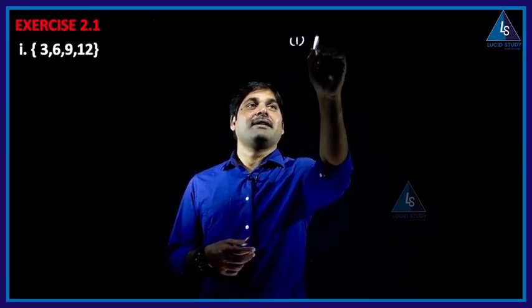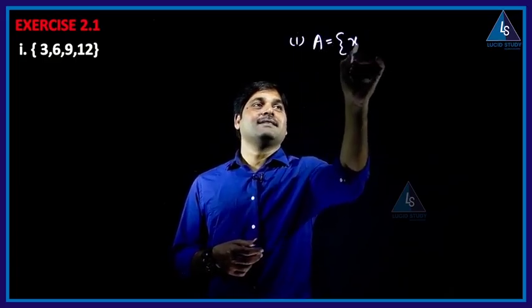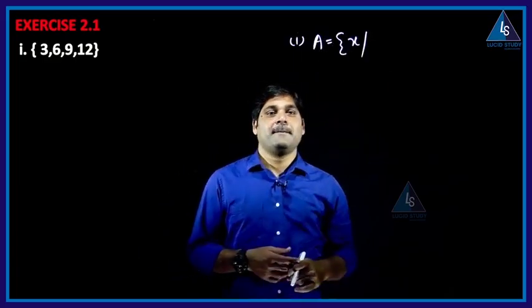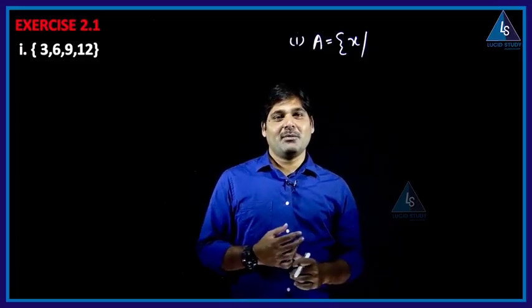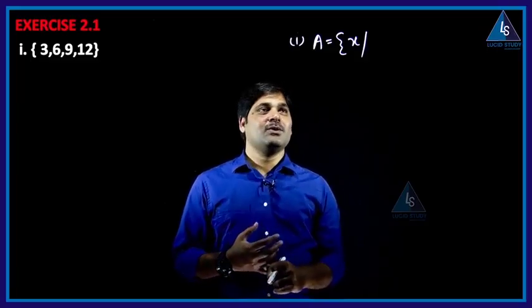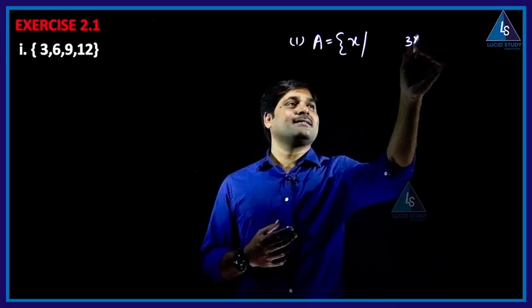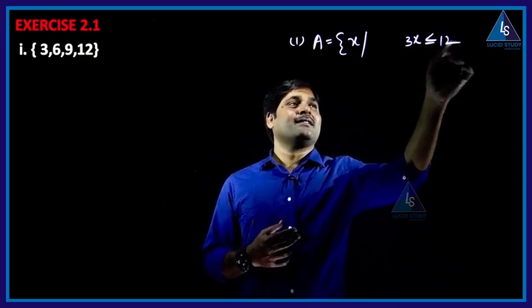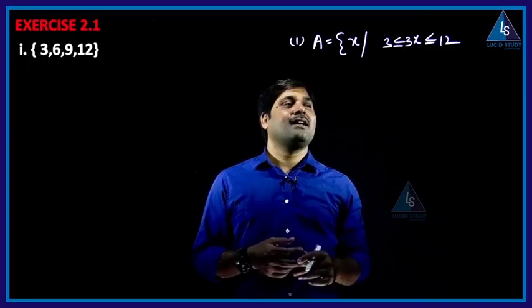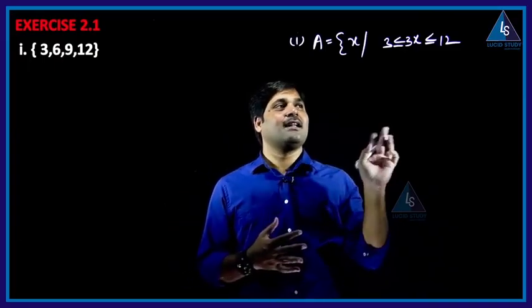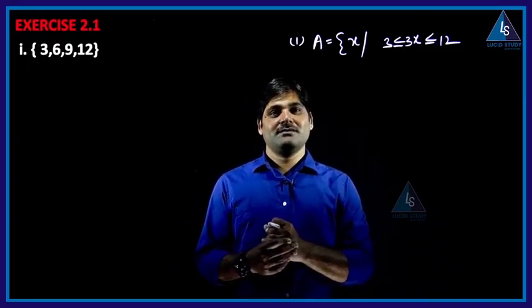I am writing A is equal to, this step is common, x such that, now we need to write about x. So I will write 3x where 3 less than or equal to 3x less than or equal to 12.